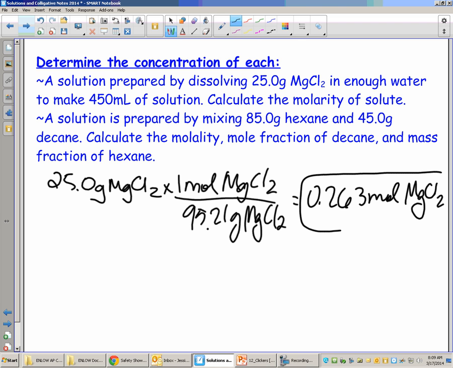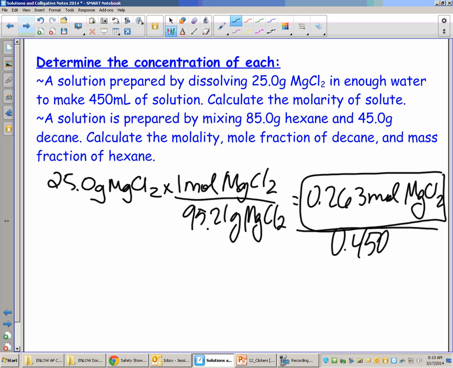Okay. What else do we need? Right, so this divided by our what? Divide 450 milliliters by 1,000, so to get that to liters. What is it? 0.45.